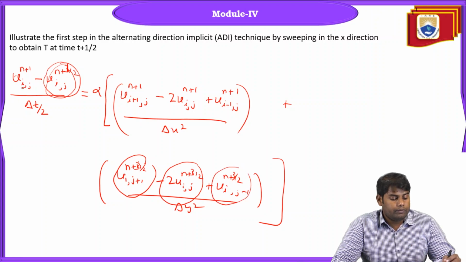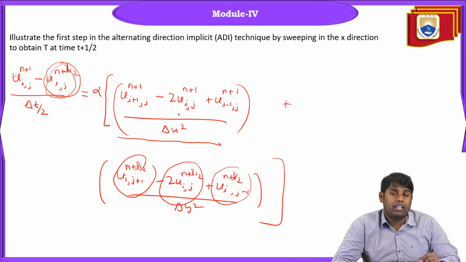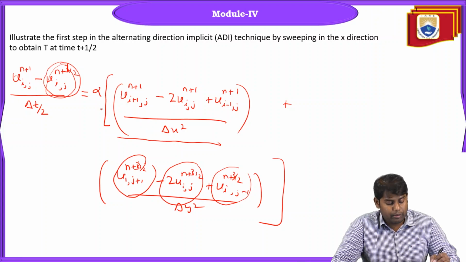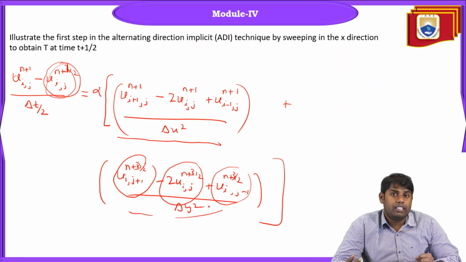So what happened actually in the ADI method? Initially the x direction is explicit, where the initialization is very easy, and we get the values along x. In the next step along y direction, the initialization is easy, so in the next step we get the values along y direction.